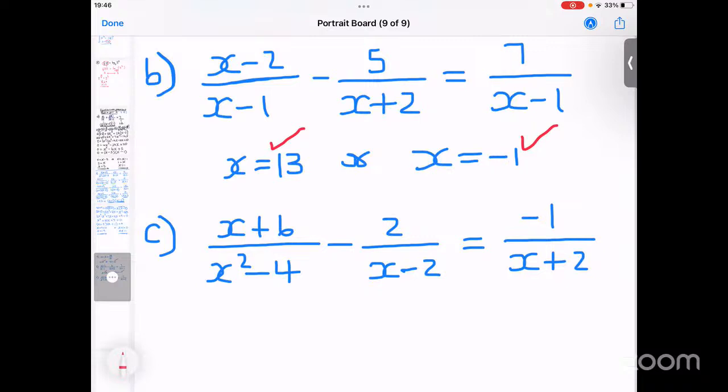Then you multiply each term by that. You end up having x plus 6, isn't it? Yes, sir. Minus 2 into x plus 2, which is equals to -1 into x minus 2. Yes, sir. Then from there, you do that by that, that by that, isn't it? Yes, sir.